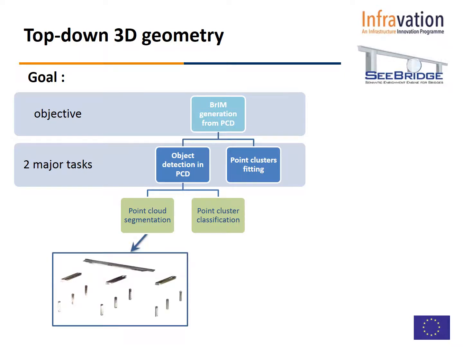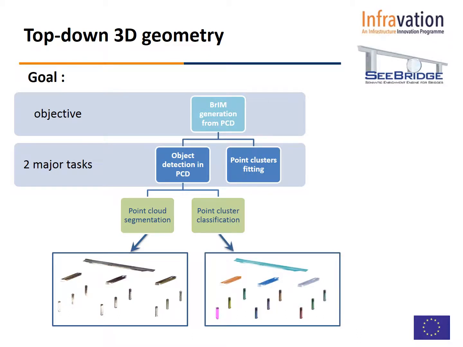Looking at the first major task, the first step is going to be segmentation. Can we deconstruct our point cloud into different little pieces? And once we have those little pieces, can we make sense of them and say these individual pieces belong to certain components of the bridge, and then we'll reconstruct the bridge by recovering the geometry and also attaching a label to that particular geometry.